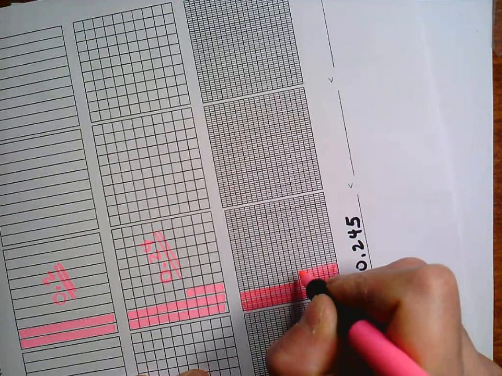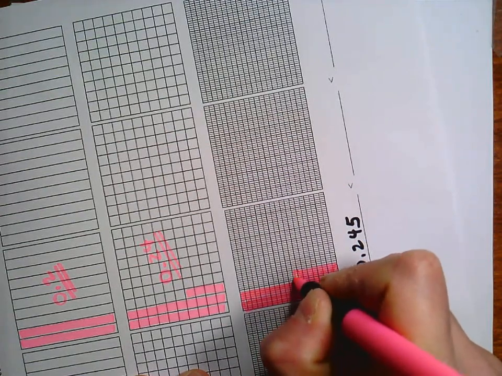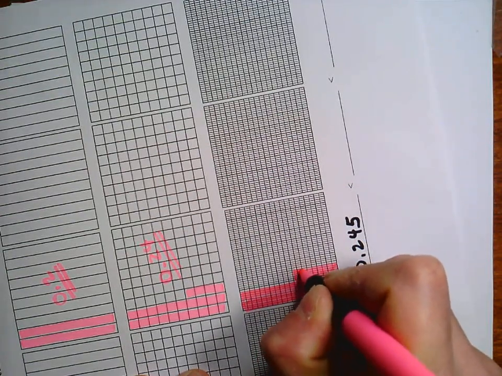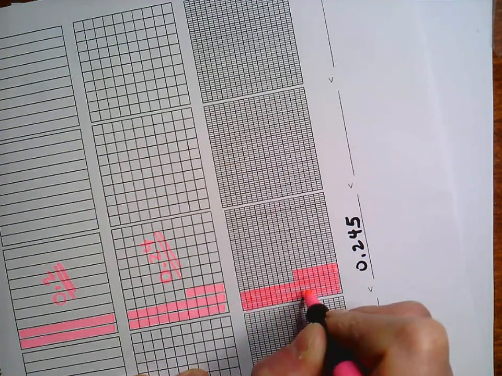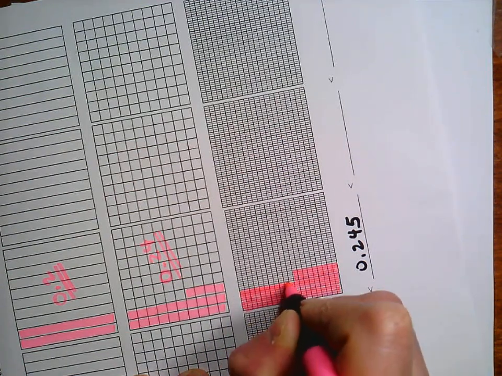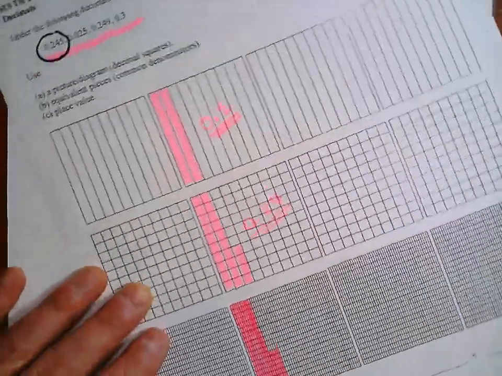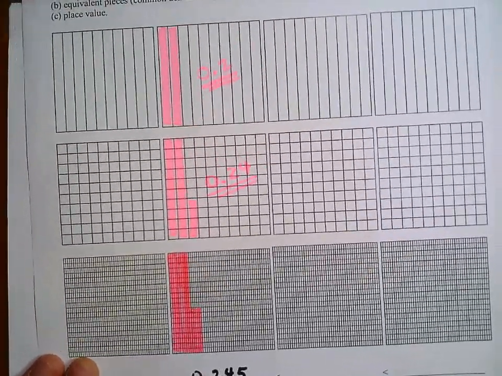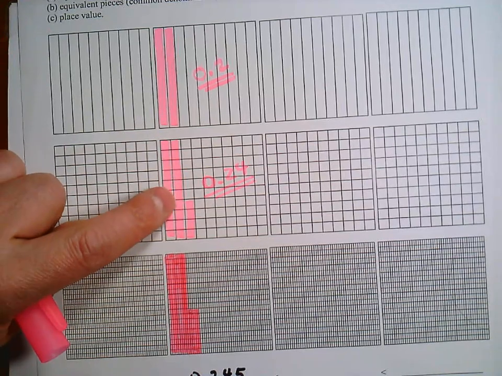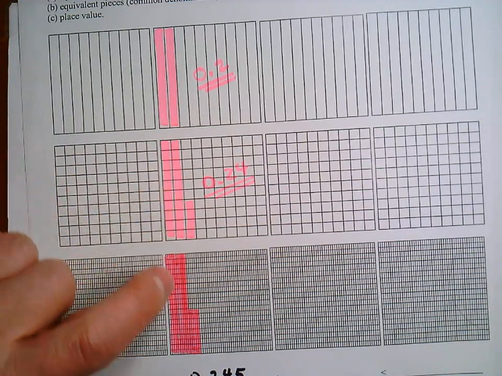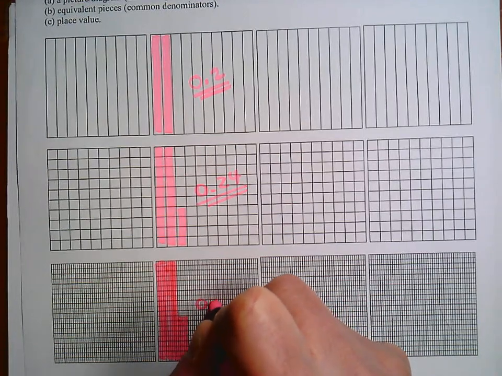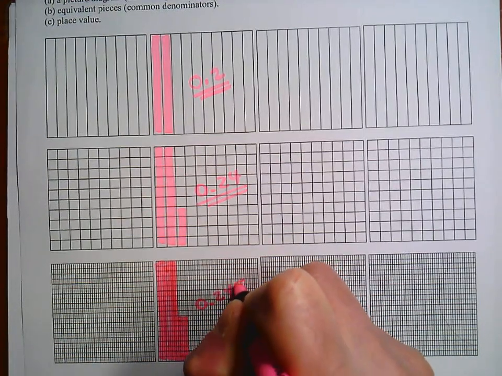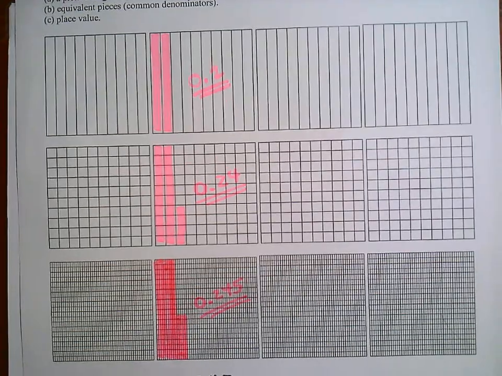And then the new part is I want to grab 5 more of the really small ones. I think I did all that right. Just like that. So now this has all of what we have shaded here, but in addition it has 5 more of these little pieces.